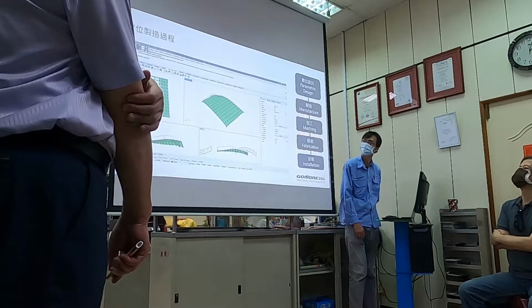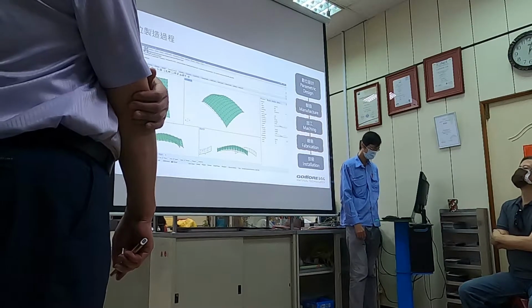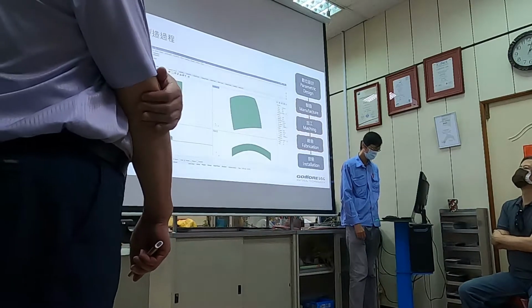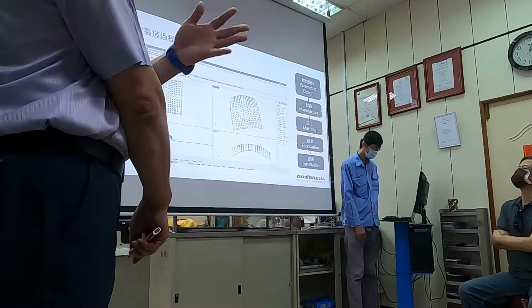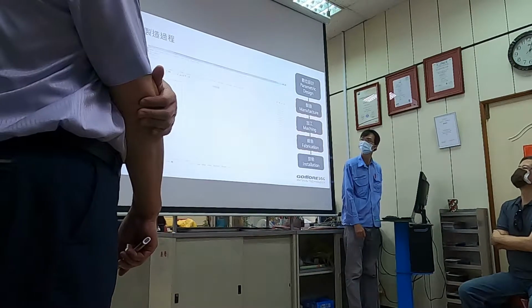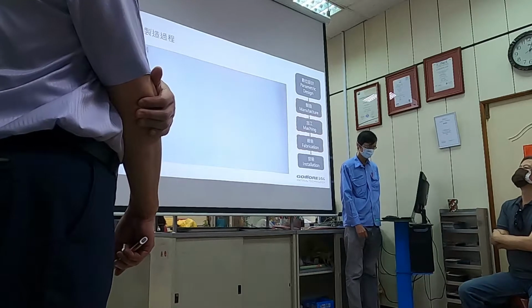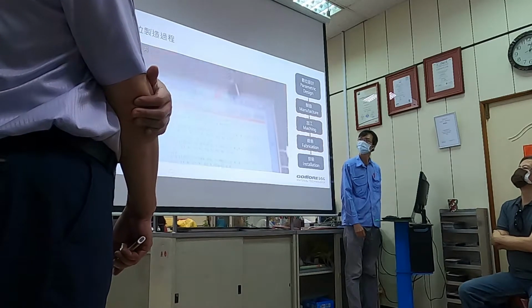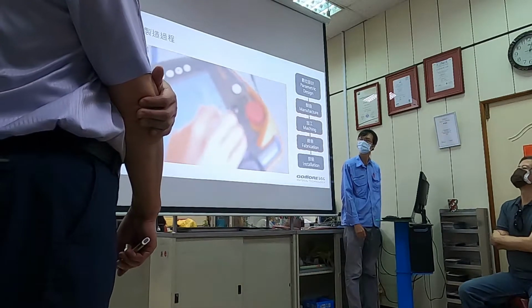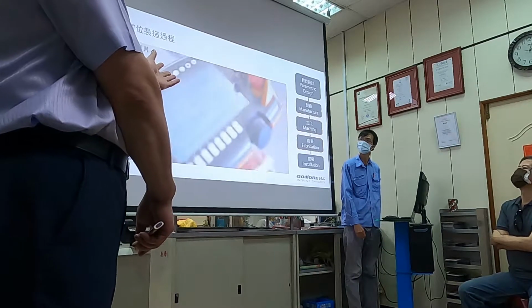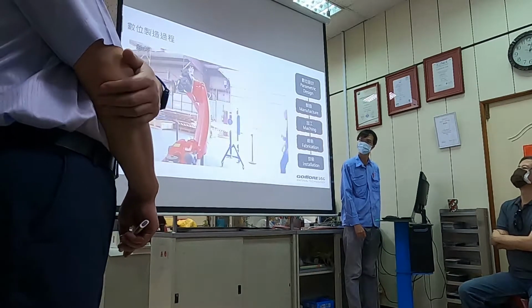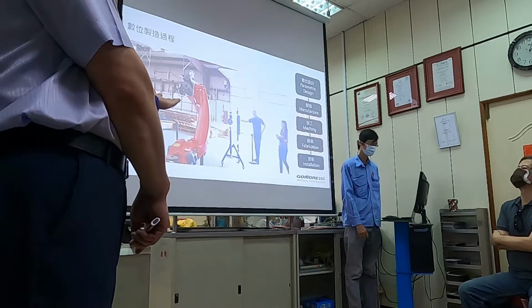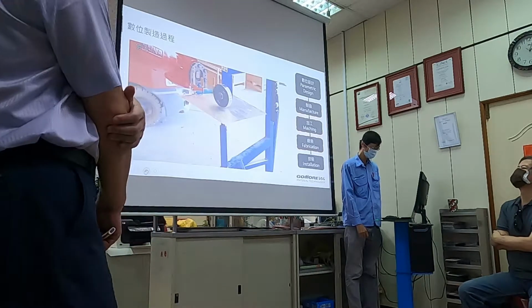So this is something that you are familiar with, a simulation of Grasshopper for a sheet panel. It should be familiar to you, it is the lab down in the basement in our school.